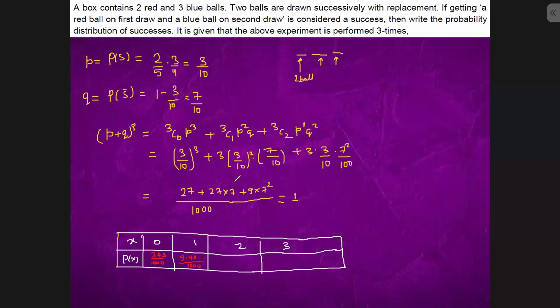For 2 times, it is 27 into 7 upon 1000. For 3 times, 27 upon 1000. So this is the probability distribution of success.